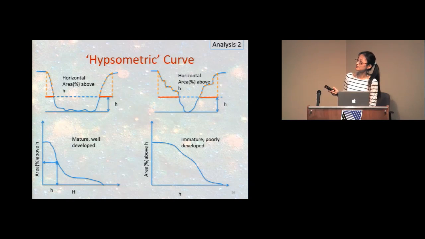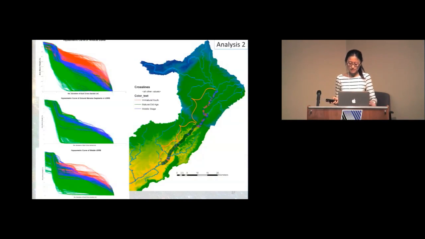However, in this part, this is a much more immature channel, an immature cross-section. This is the result on this river segment. So you can see clearly that in the head part, we have much more mature cross-sections compared to the middle and lower levels of this river.